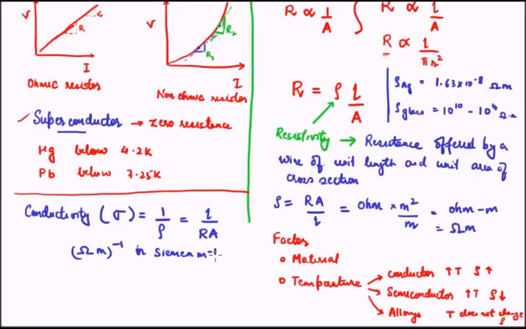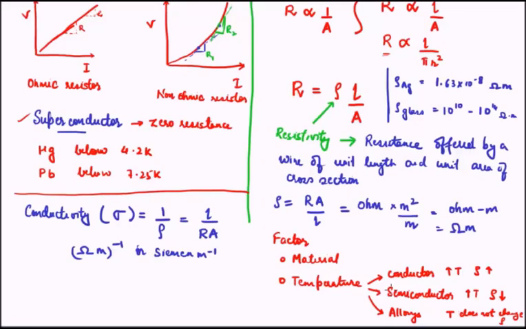Then if we need something which should not be affected by temperature change, where the resistivity should remain constant, then we will use such alloys. Namely, we can use manganin or constantan. These are materials whose resistivity does not change or changes very little.